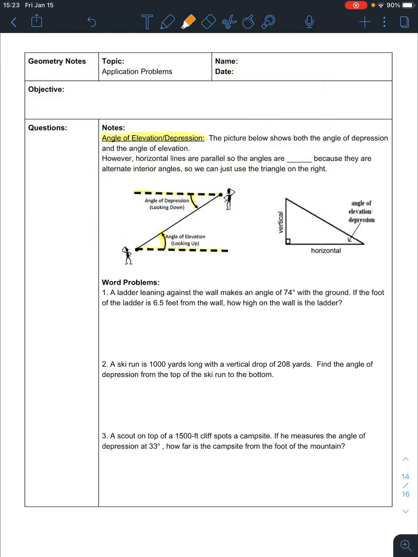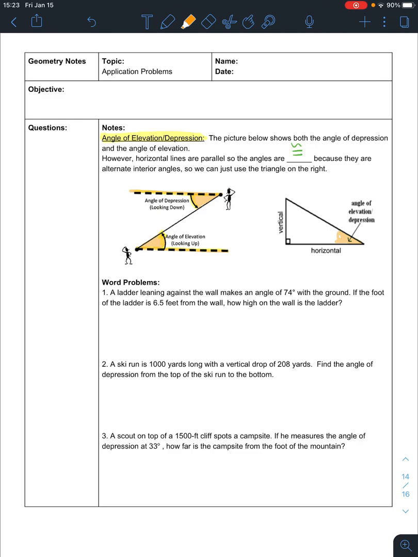Now the thing about it is that the horizon, right, horizontal lines are parallel, which means that this angle of elevation and this angle of depression are actually alternate interior angles, which means that the angles are congruent. So really what that comes down to is it doesn't matter what it is called in the problem.